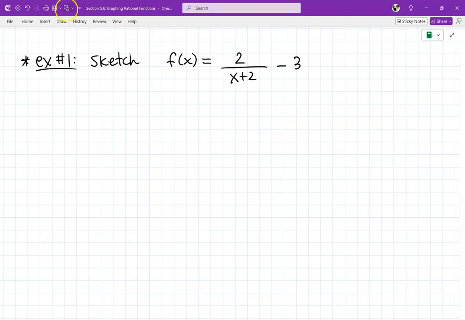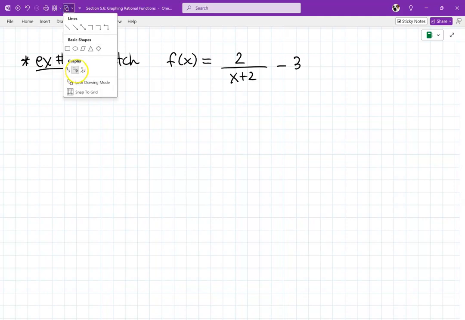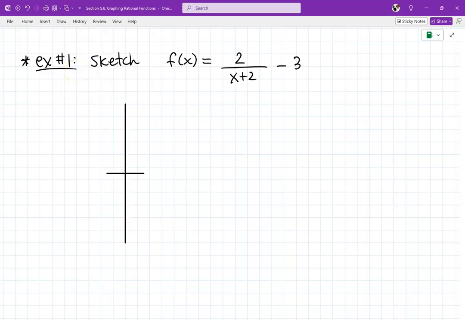Okay. So first thing I'm going to do, just to get it out of the way, is create a coordinate plane here. So 1, 2, 3, 4, 5. I'll make it 5 by 5.